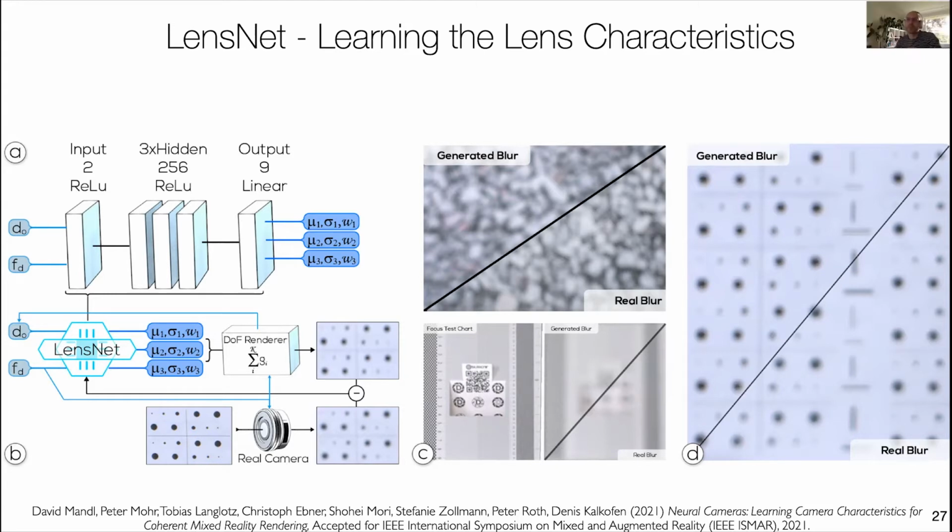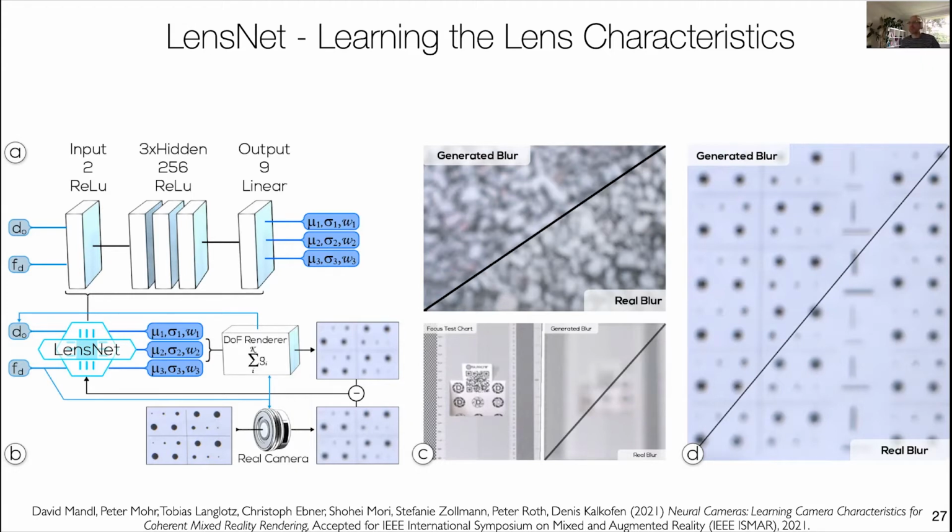Yeah. So this approach is what we call LensNet. We have a custom network that is actually learning at the end the parameters for a Gaussian blur, and this one we can then apply later to our target images. And you see it here.